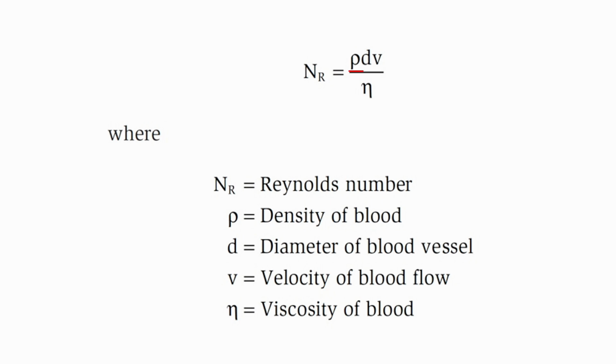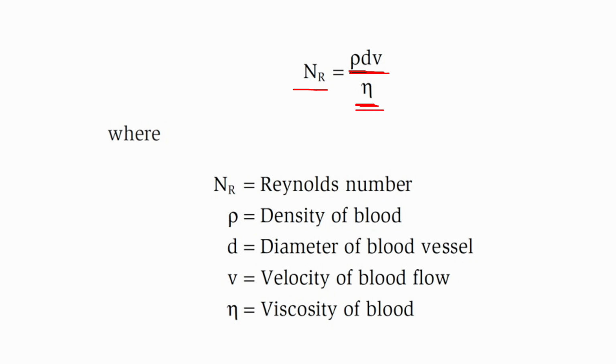You may remember from your physics classes that inertia is determined by the density of blood, the diameter of a blood vessel, and the velocity of blood flow, whereas the frictional force is determined by the viscosity of blood. So the higher the Reynolds number, the more the tendency for the blood flow to be turbulent, which means turbulence is represented by dominance of inertia over the viscosity of the blood.